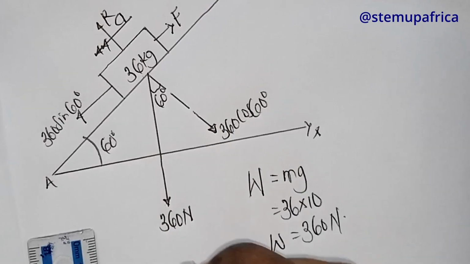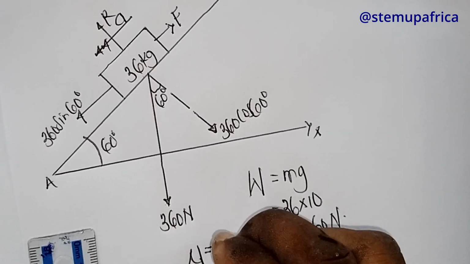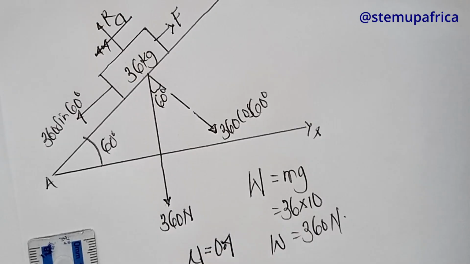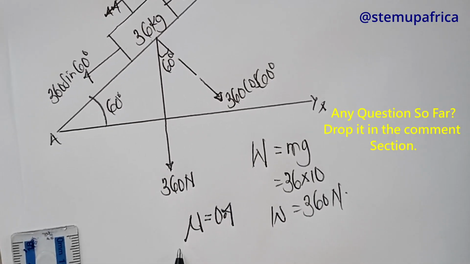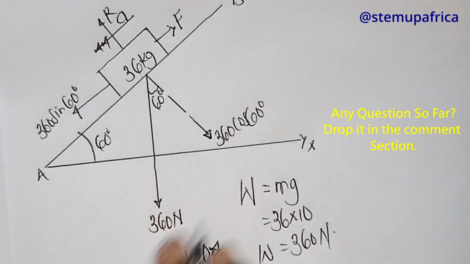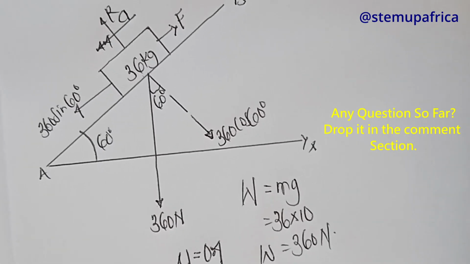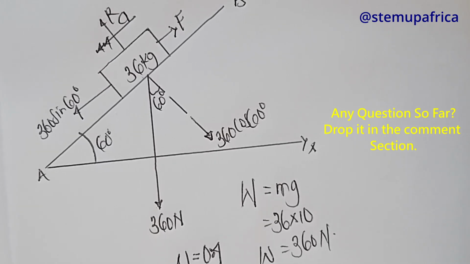We are also given the coefficient of friction from the question as 0.4, represented by mu, the symbol for coefficient of friction. With that, we can see that the body is at equilibrium. There are conditions for equilibrium.